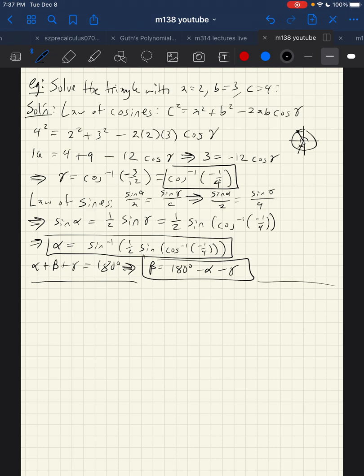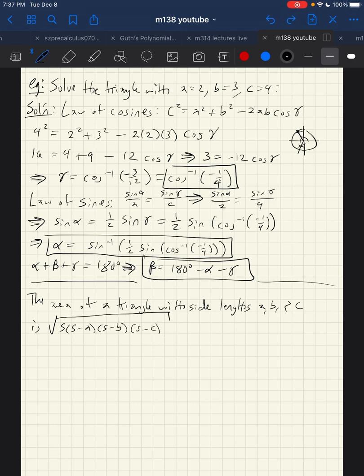So the last thing I want you to see is, for a triangle, well, I'll just write it like this: the area of a triangle with side lengths A, B, and C is the square root of S times S minus A times S minus B times S minus C, comma, so I'm not ending a sentence yet.